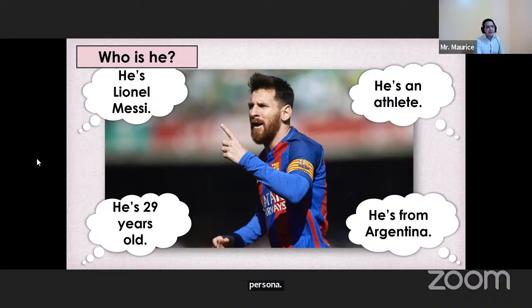He's 29 years old. 29, ok, podríamos decir how many years, pero no es natural en este idioma decir cuántos años. ¿Cómo se formula la pregunta para saber la edad de alguien?